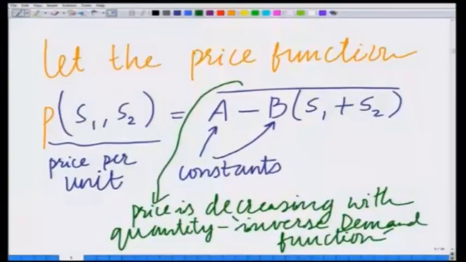Also interestingly, it only depends on the total quantity S1 plus S2 of the good produced, that is, as the total quantity S1 plus S2 is increasing, the price is decreasing.